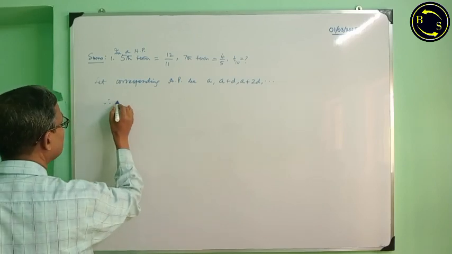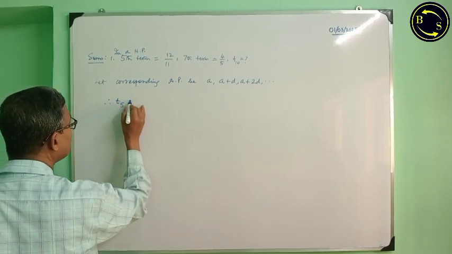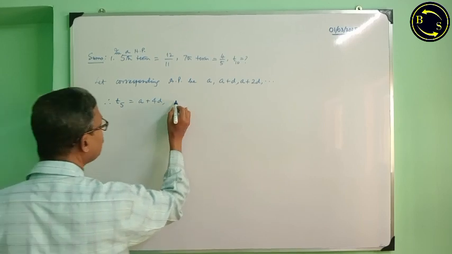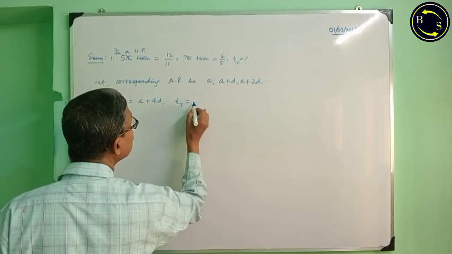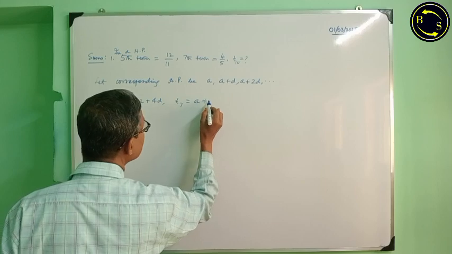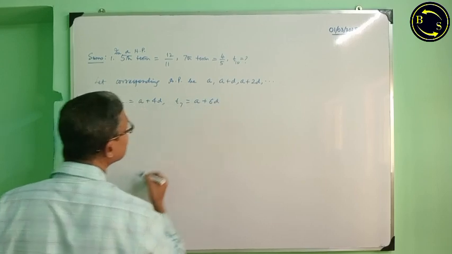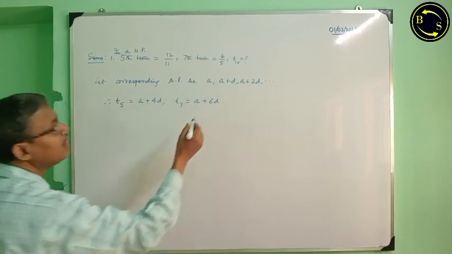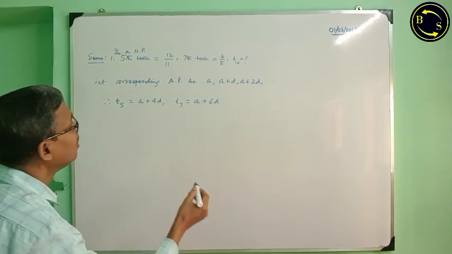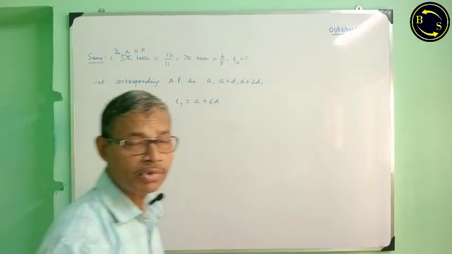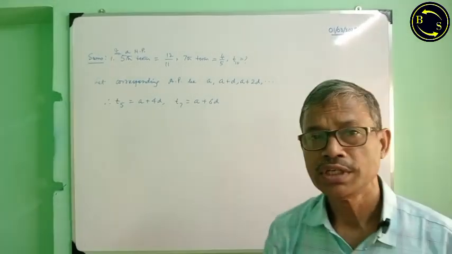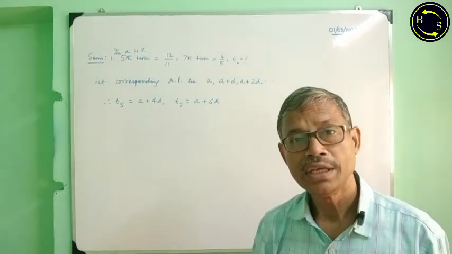Therefore, T5 is equal to A plus 4D, T7 is equal to A plus 6D. These are in AP. Then 1 by A, 1 by A plus D, 1 by A plus 2D, 1 by A plus 3D, and so on will be in HP.